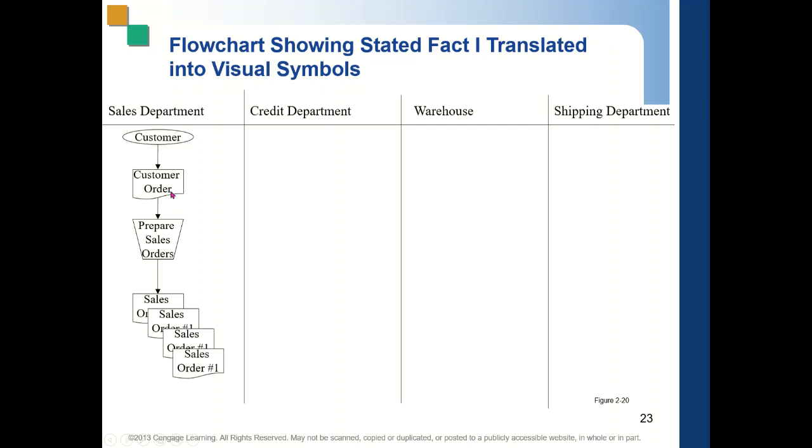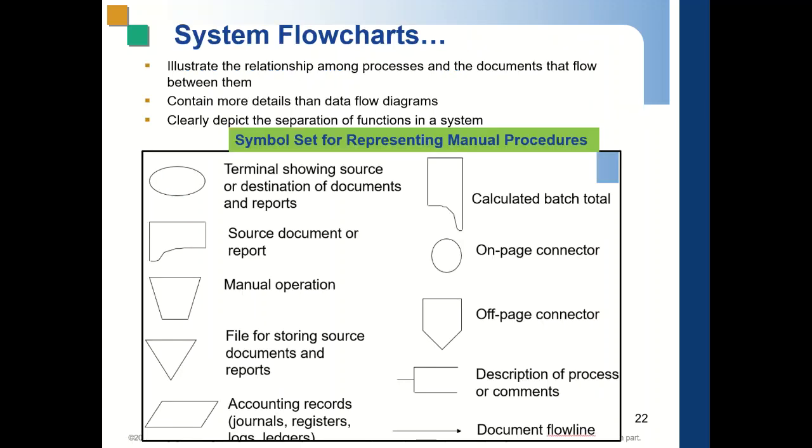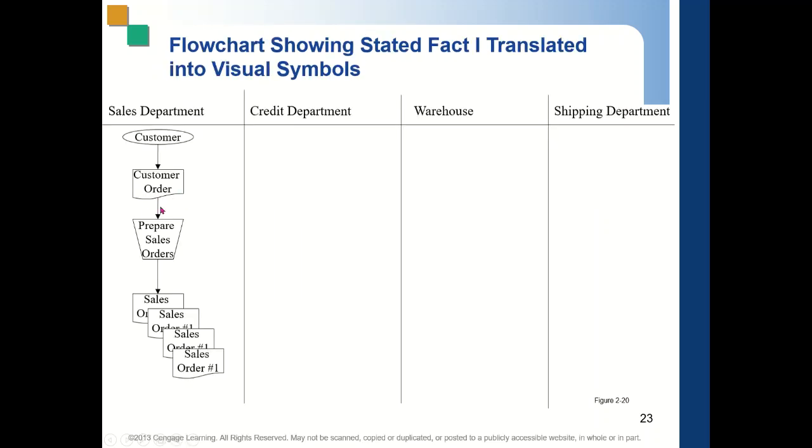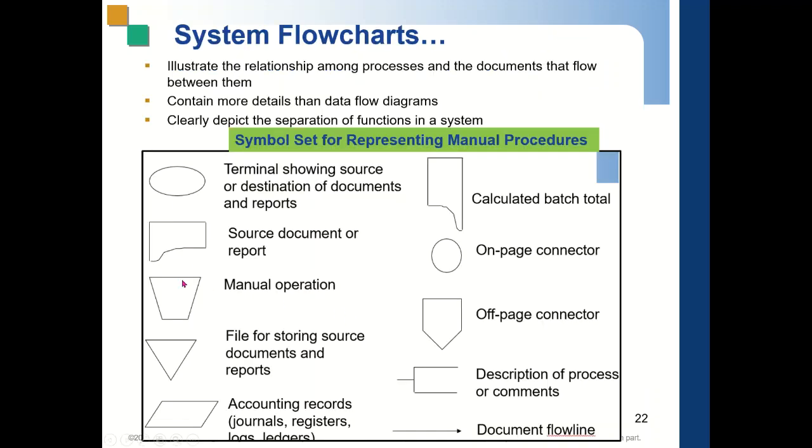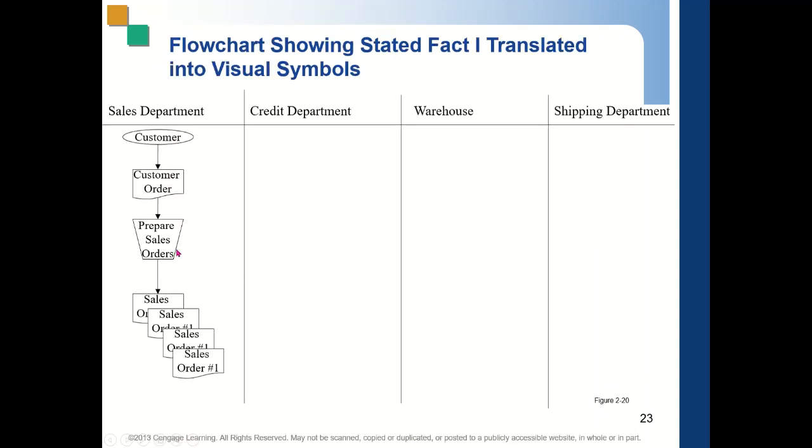And again, when you look, you can see that this represents a document. So that is the shape that we are using. And then something happens, we prepare sales orders. That shape of the box tells you we are talking about a manual operation. So in this case, we are talking about a manual system, not a computer-based system. So when a customer gives us an order, we do something manually.